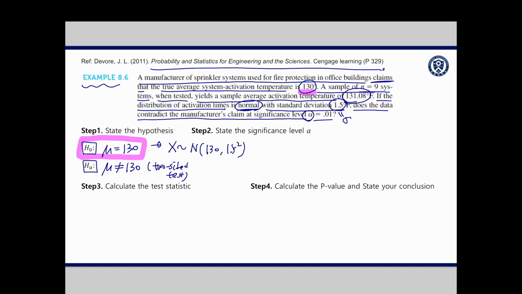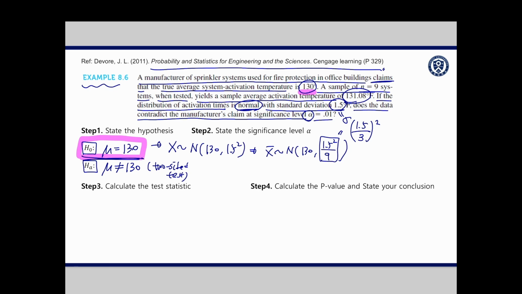Additionally, we can observe that the distribution of X bar also follows normal with mean 130, and the variance is 1.5 squared over the sample size 9, so the standard error is 1.5 over the square root of 9, under H0.